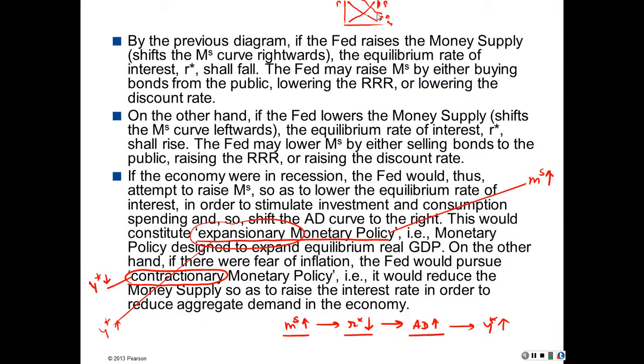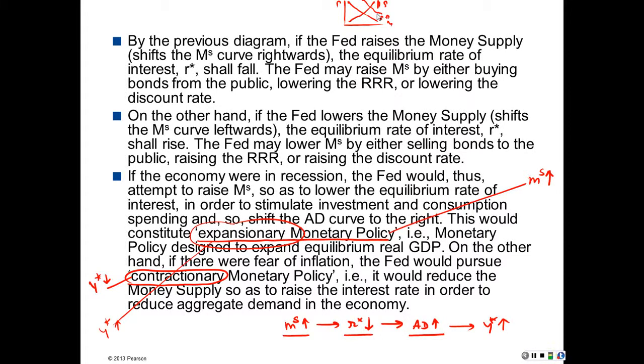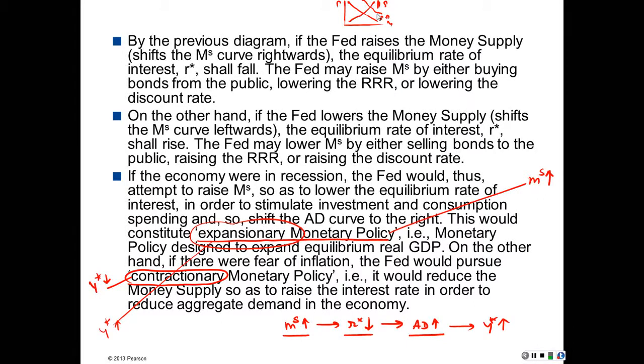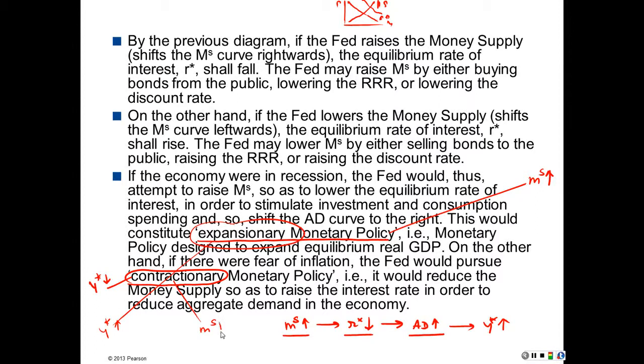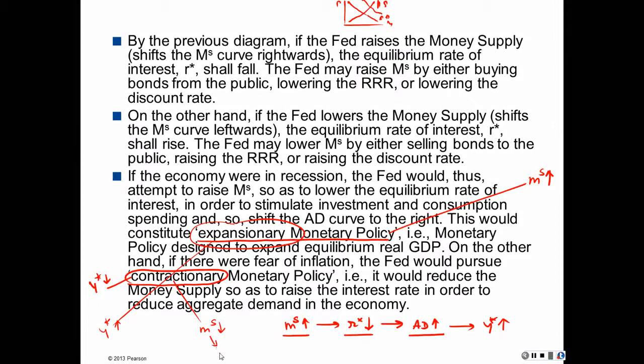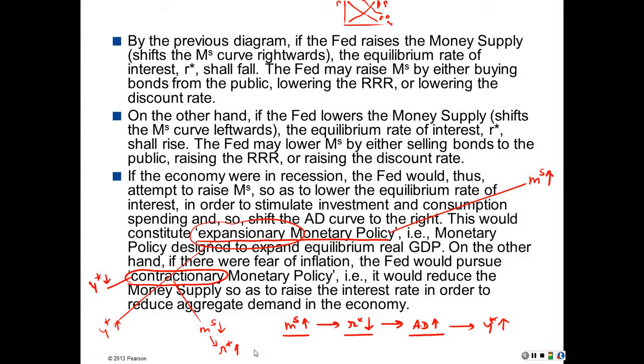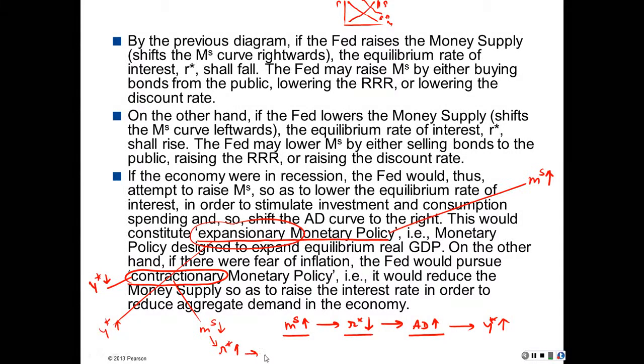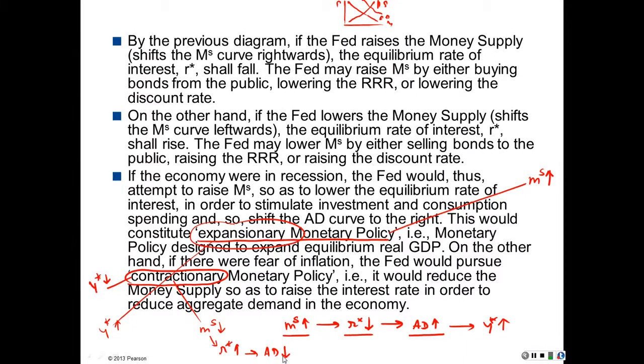So when the main fear is inflation and not unemployment, then the Fed would pursue contractionary monetary policy, which would involve the money supply reducing, because a fall in the money supply causes the interest rate to rise, and this then causes aggregate demand to fall. Right?